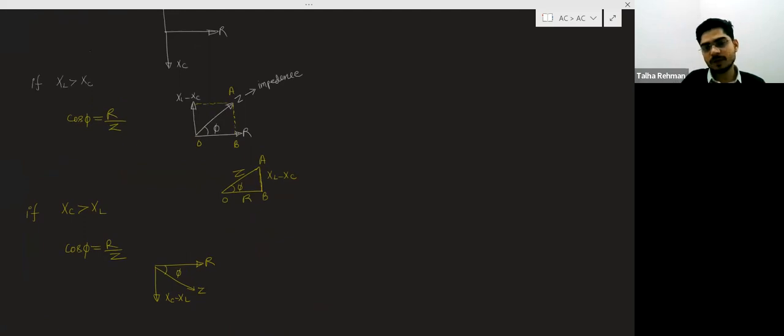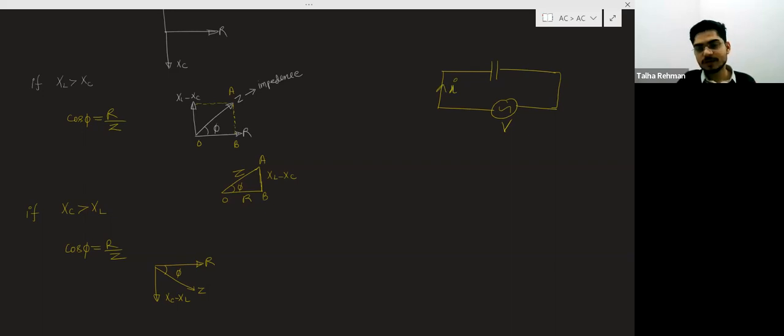So in a purely capacitive circuit, what happens? This is the capacitor and this is connected with an alternating source. This is a purely capacitive circuit, and this is a voltage, and there will be some current. Suppose I is the current at any time. We have done our derivation, so I am not going to do the derivation here.